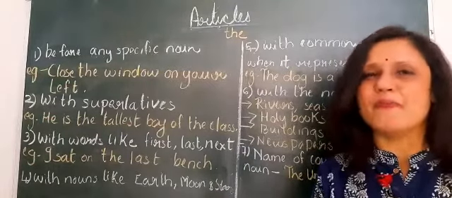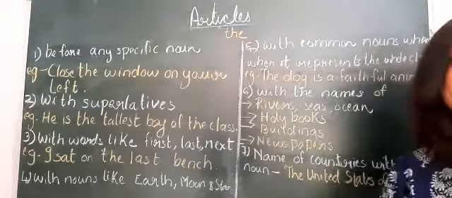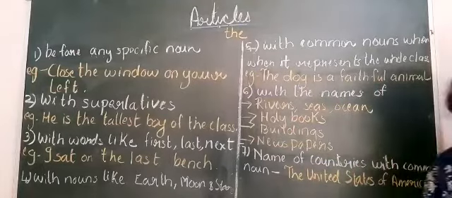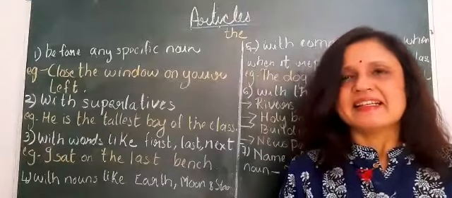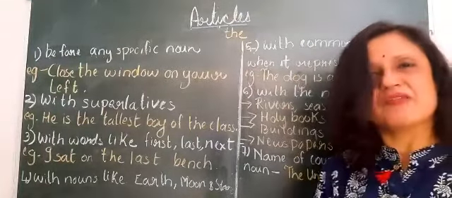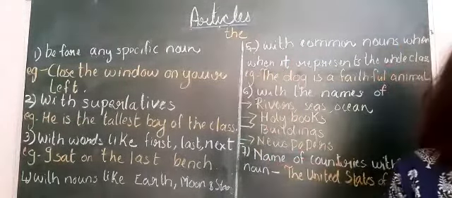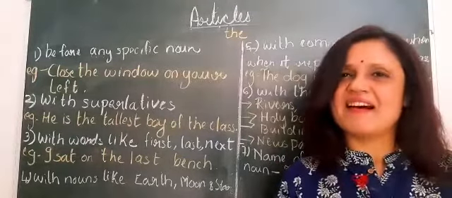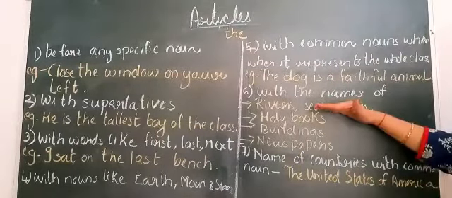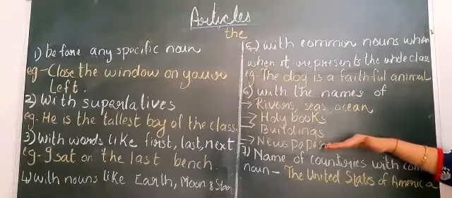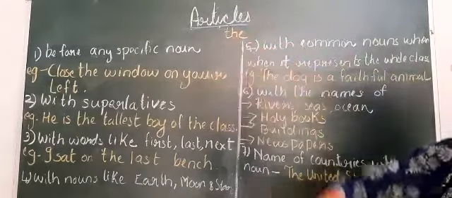With the names of buildings like the Qutub Minar, the Taj Mahal, we use the article "the". Then with the names of newspapers, the Times of India, the Hindustan Times. So we use the article "the" with the names of rivers, holy books, buildings, newspapers, seas, and oceans.